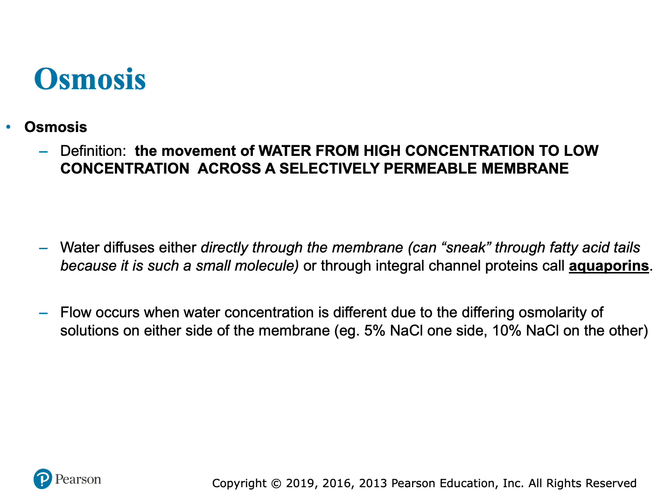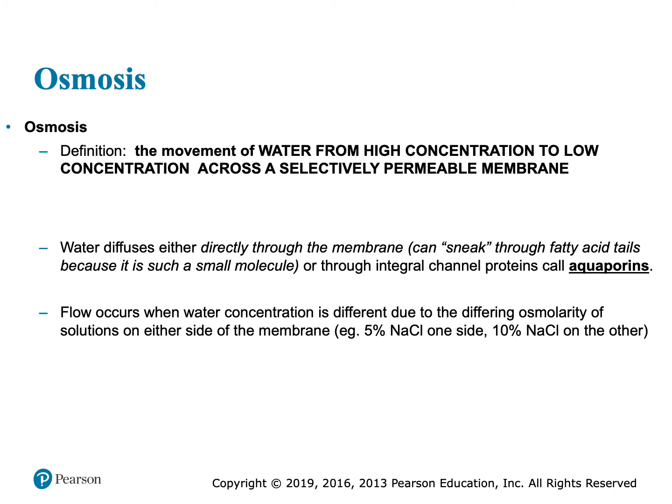The 10% sodium chloride. So if you put a semi-permeable membrane between this 5% solution and this 10% solution, water is going to leave the 5% solution and go towards the 10% solution because the 10% solution has less water.